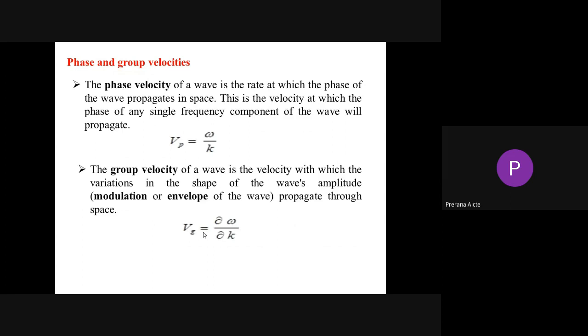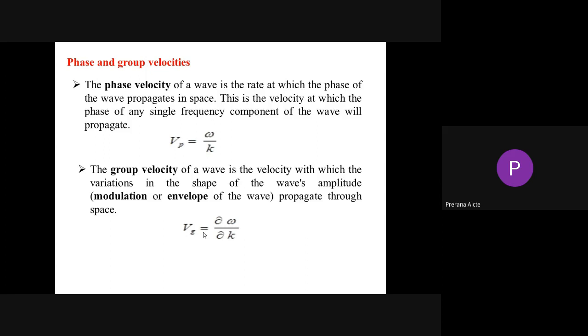Now, let me recall phase velocity. I already told you that the phase velocity is equal to omega by k, where k is the wave number and omega is the angular frequency, that is 2 pi f. Whereas group velocity is the rate of change of omega with respect to k.